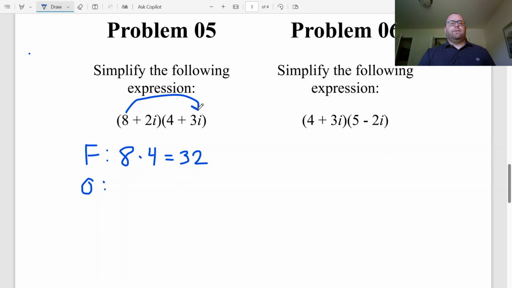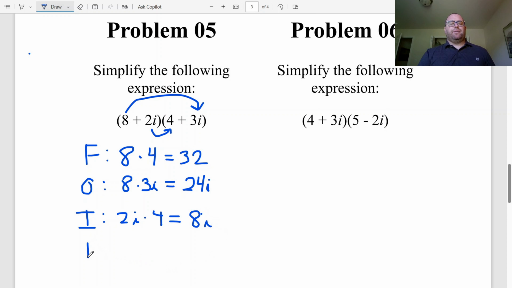So 8 times 3i, and that's going to give us 24i. We'll then do the inner terms, 2i times 4, and we'll get 8i.